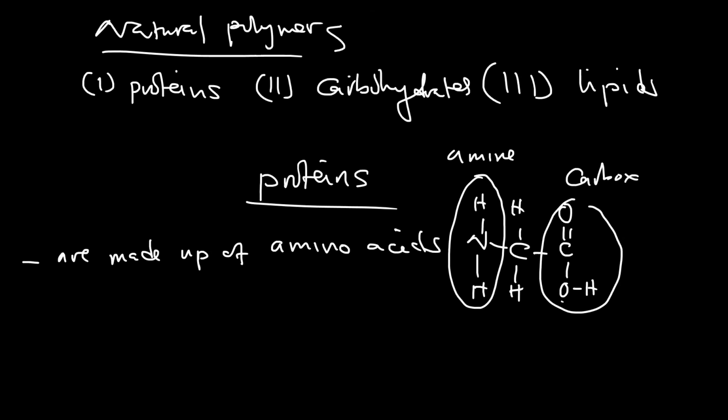So now, protein is made up of amino acids, and about 20 amino acids combine to form proteins. So in this case, what we are interested in is just to show the reaction of these amino acids and the bond that is formed. So let us have this example.